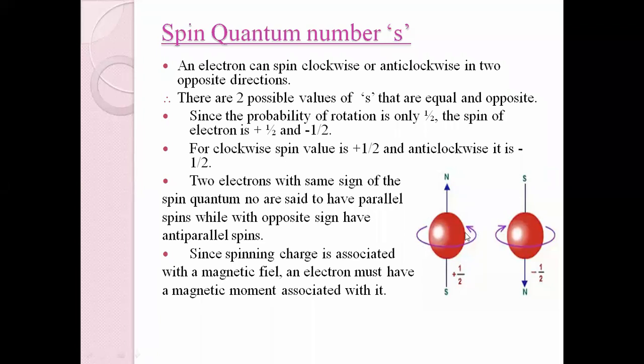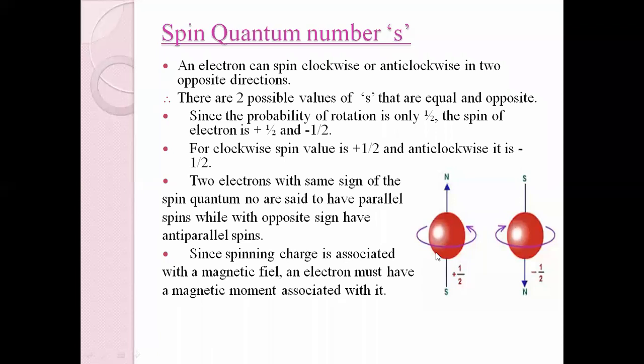Means the complete one rotation will not happen, it is half, either plus half or minus half. Plus half for what? For clockwise rotation, and for anti-clockwise rotation it is written as minus half.